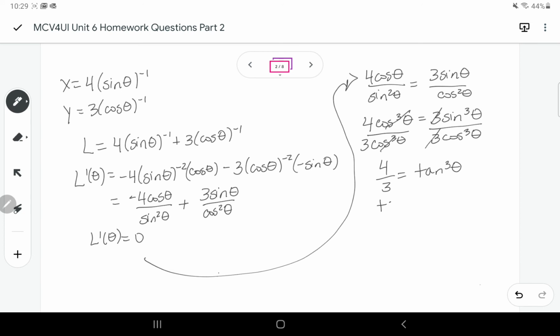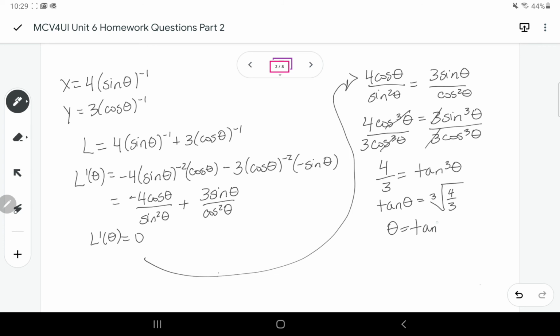So then tan theta is the cubed root of 4/3. Okay, so the cubed root of 4/3, and then do inverse tan. I'm going to peek at the solutions so I don't have to do calculator. I'll show that step.